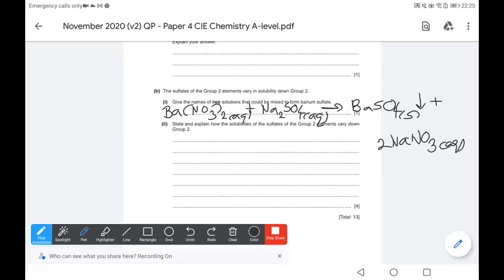Okay. State and explain how the solubilities of the sulfates of group 2 vary. Solubility decreases downwards the group.